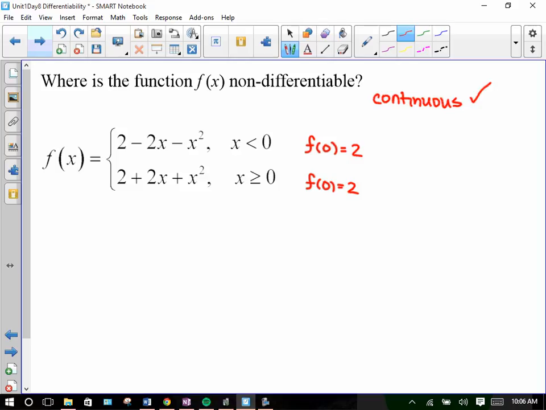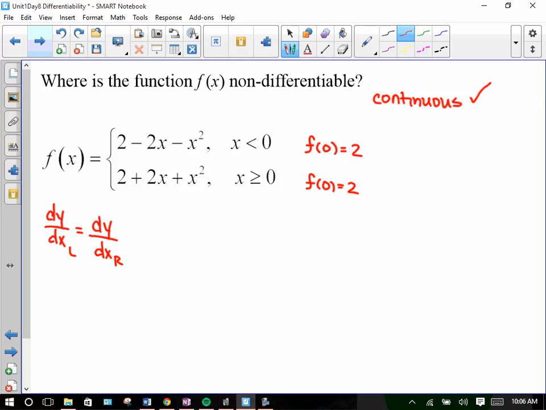Okay? Now what we need to do is show that dy/dx on the left is equal to dy/dx on the right. Again, here's what we do.